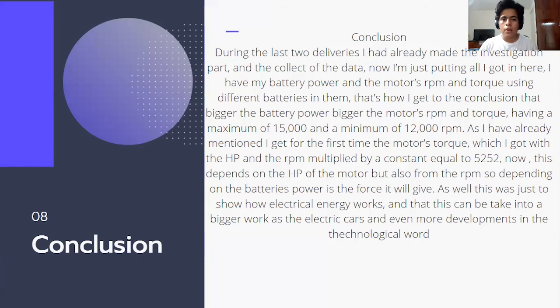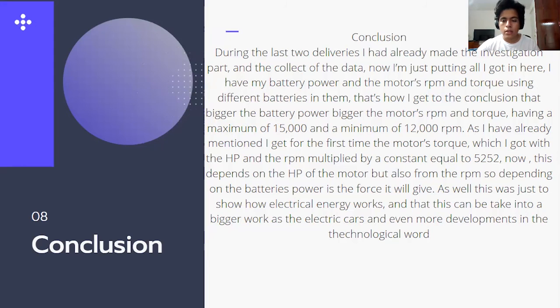I also implemented one new thing, which was the torque, that, as we can see here, I mentioned using a formula that I investigated, which I think is specific for getting the torque of these electrical motors.